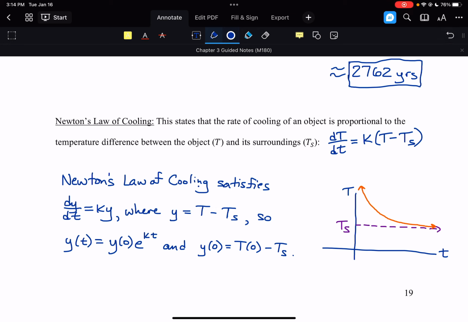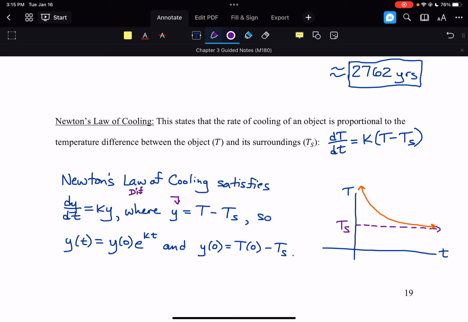So Newton's law of cooling satisfies, again, this directly proportional relationship, where we call y equals T minus T sub s. So that's the difference in temperature.